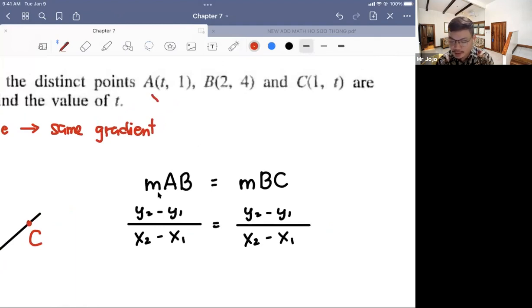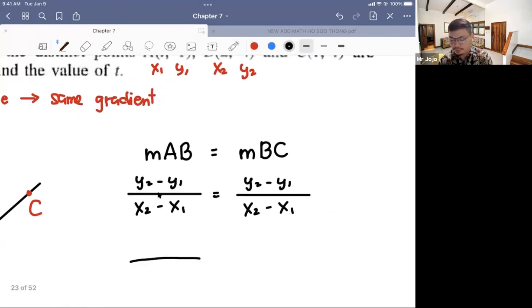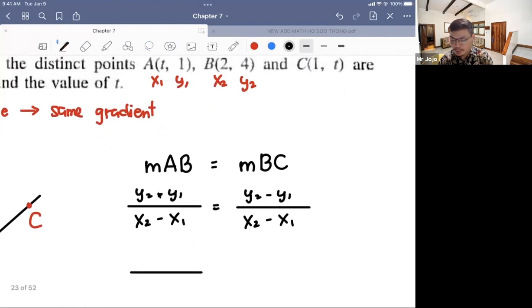So this is my x sub 1, y sub 1, this is my x sub 2, y sub 2. Okay, so y sub 2 minus y sub 1 is 4 minus 1. Are you guys following? Again, it's 4 minus 1. And then my x sub 2 minus x sub 1 is 2 minus t, right? There you go. That's for line AB.